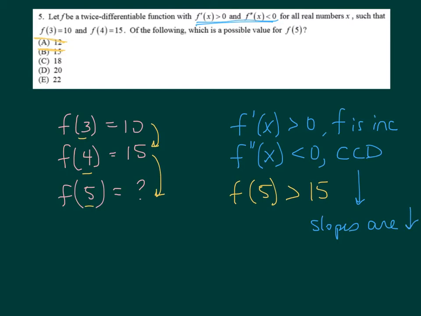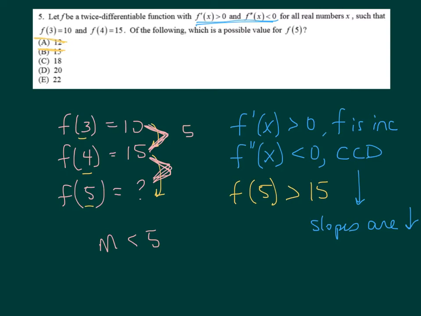Okay, so take a look here. I can tell that my x's are changing just by 1: 3, 4, 5. What are my y's changing by? What is the difference in the y's from f of 3 to f of 4? Well, I see a difference of 5. If I am increasing at a decreasing rate, it means that the change between f of 4 and f of 5 has to be less than 5. My slope has to be less than 5 going from f of 4 to f of 5.